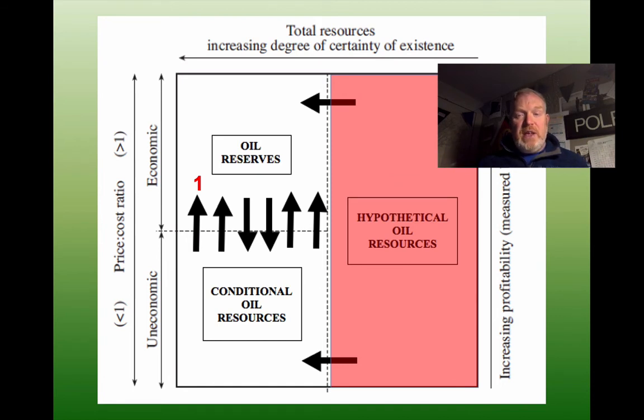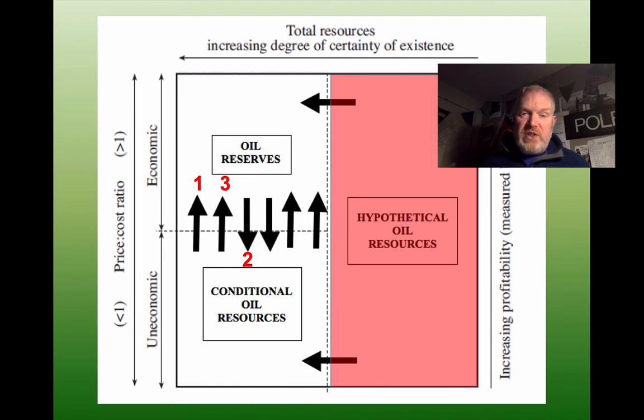Conversely, if the price falls, we can get reserves becoming uneconomic, becoming loss-making to extract, and they fall into the conditional oil resource section of the diagram. Now, fracking is one way of increasing the amount of oil that we can extract from a reservoir.